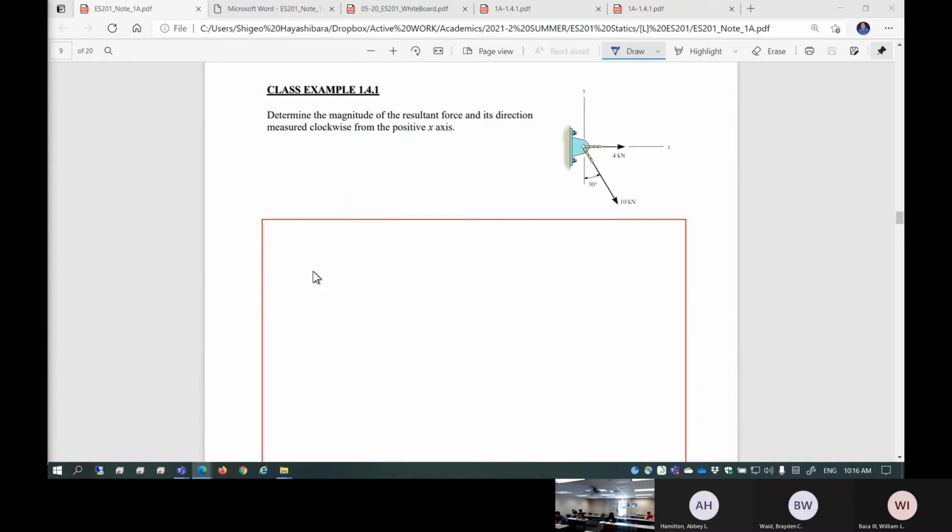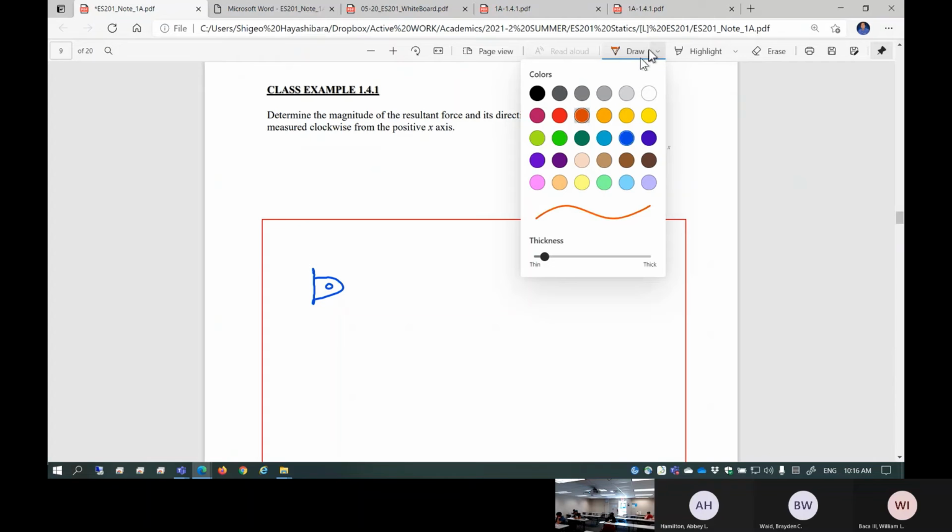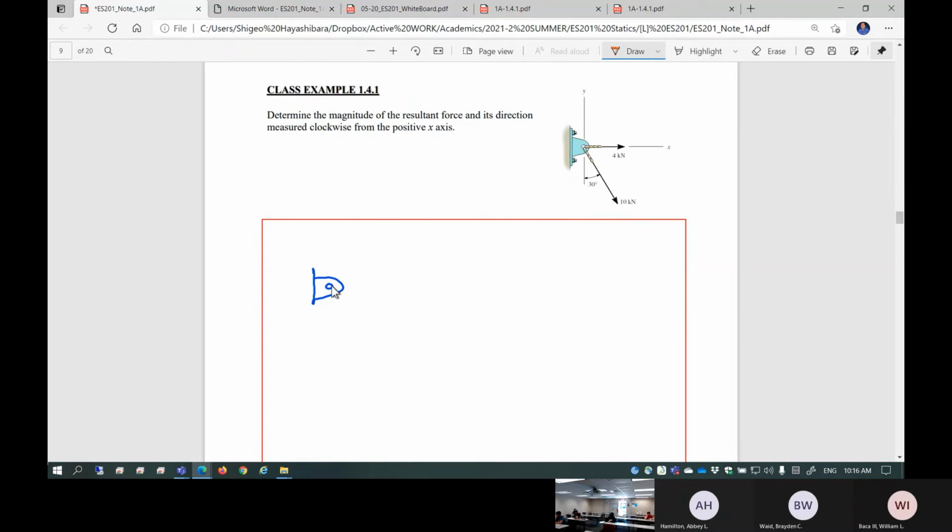This looks like a hook or something. So you're putting the rope on the hook. For a moment, I'm going to completely ignore the existence of the rope, replacing the rope with a force. I'm going to put the force, 4 kilonewton, in this direction.